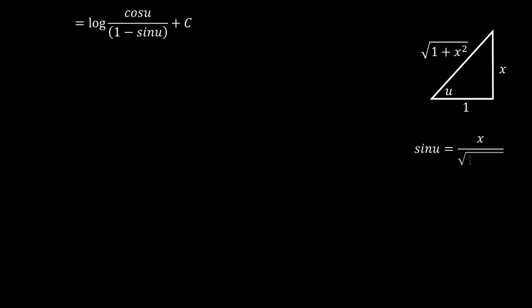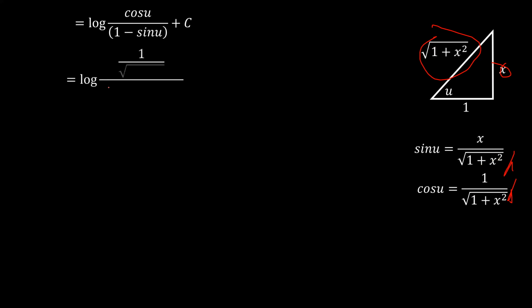Sine u is the same as x over the hypotenuse, which is x over the square root of 1 plus x squared. Cosine u is the same as base over the hypotenuse, which is 1 over square root of 1 plus x squared. So in place of cosine u and sine u, we replace with these x formulas because we have to go back from the u world to the x world.